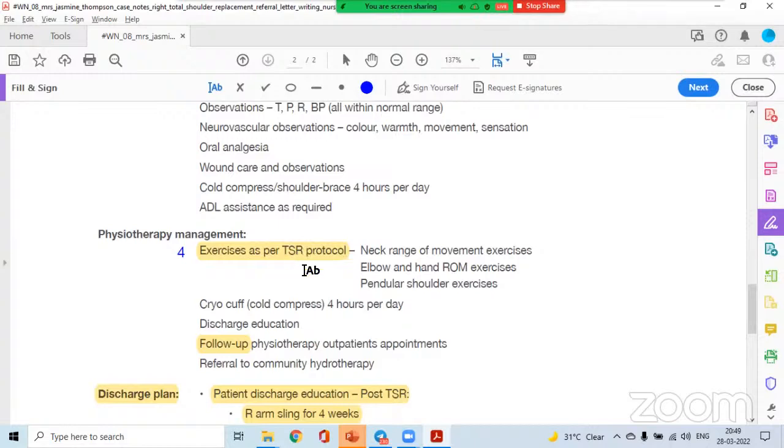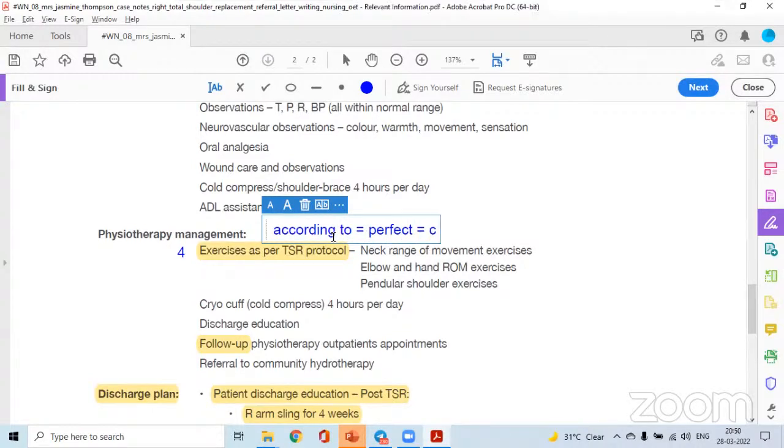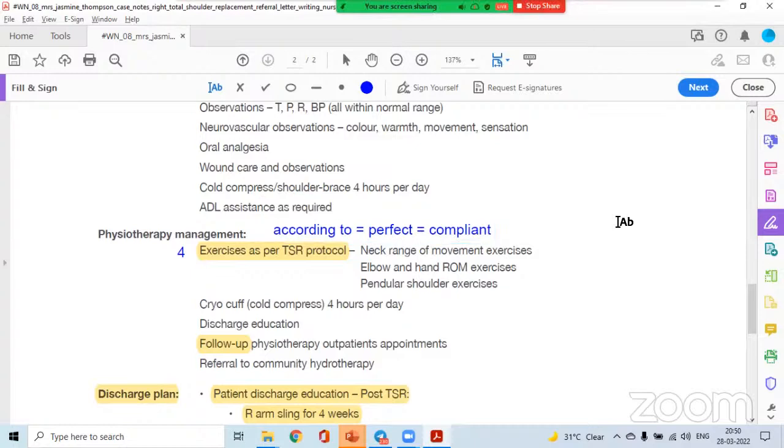That means everything is compliant. As means according to, everything perfect, as scheduled. That means compliant. Use anything, but compliant is the best word you can use.